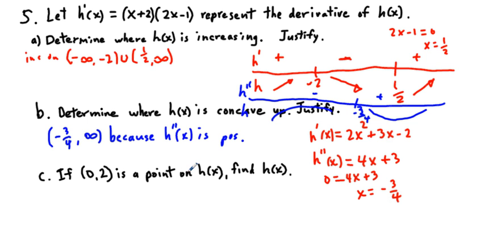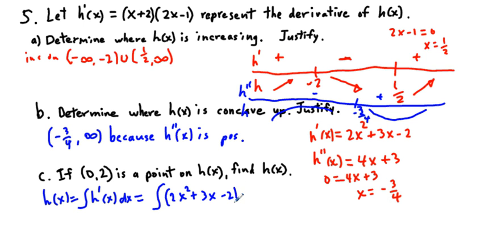Okay, if (0, 2) is a point on h of x, find h of x. Well, we're going to take this h prime of x, which we solved for here. h of x is going to be equal to the integral of h prime of x dx, which is the integral of 2x squared plus 3x minus 2 dx.